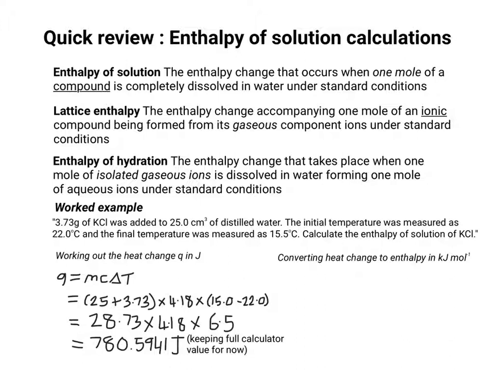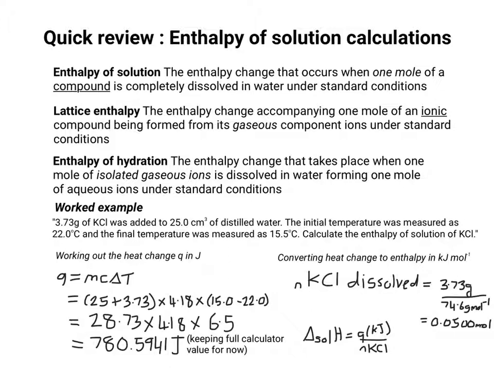So now what I can do is convert this heat change into an enthalpy in kilojoules per mole. The first thing to do is to calculate the number of moles of potassium chloride that we dissolved. Taking the number of grams and dividing it by the molar mass gives us 0.0500 moles.